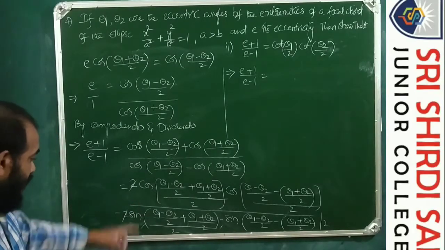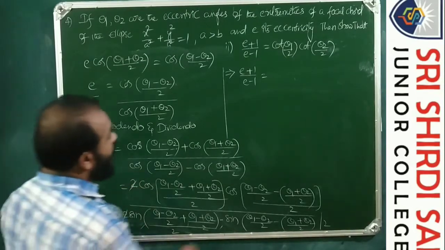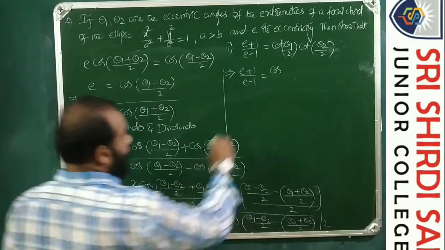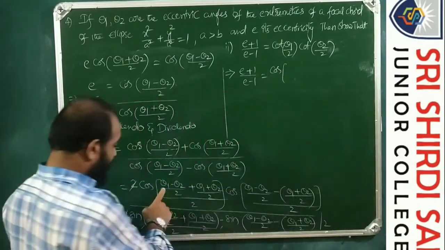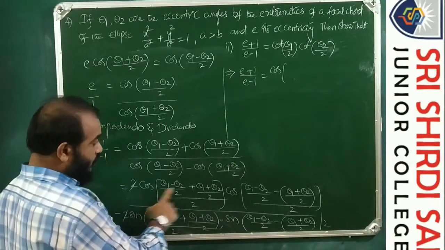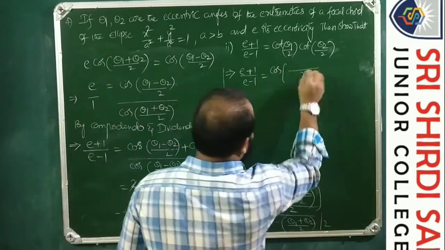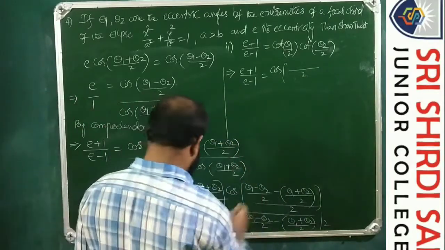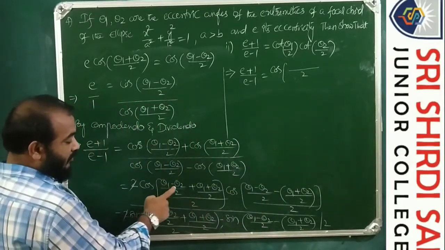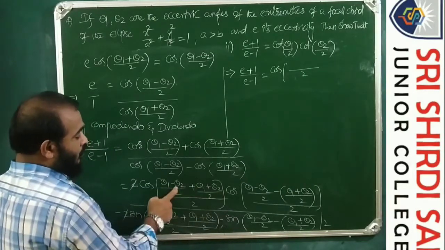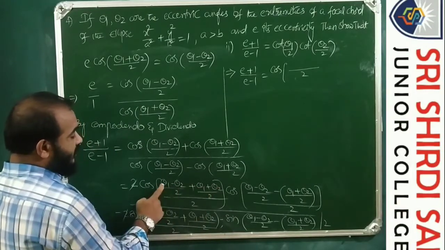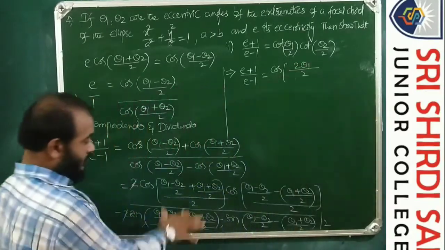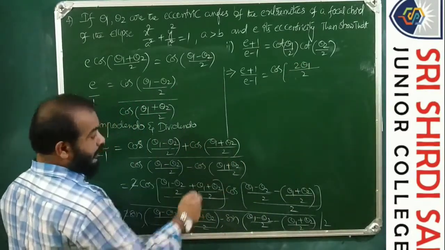cos of (theta 1 minus theta 2 by 2 plus theta 1 plus theta 2 by 2) by 2. Here 2 is the LCM for both of them. Theta 1 minus theta 2 plus theta 1 plus theta 2, theta 2 gets cancelled, theta 1 plus theta 1 is 2 theta 1, by 2, by 2.